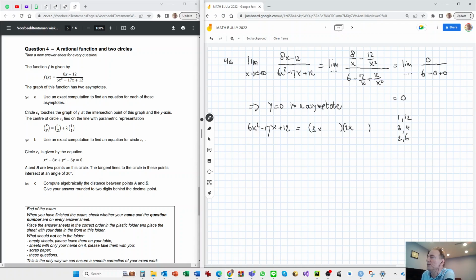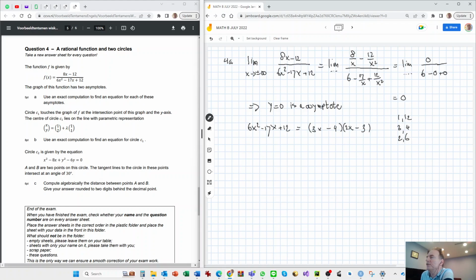Then again try minus 1 minus 12, doesn't add up to minus 17. Minus 3 minus 4 is minus 6 minus 12, no. Minus 4 minus 3. Yeah, that leads to something. This is minus 9 minus 8, which gives minus 17, so you can factorize this. It's definitely to be expected in this kind of exercise.